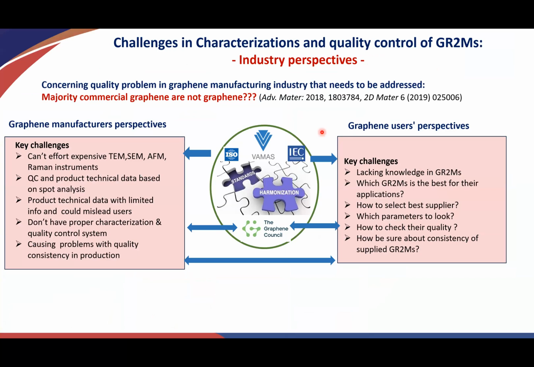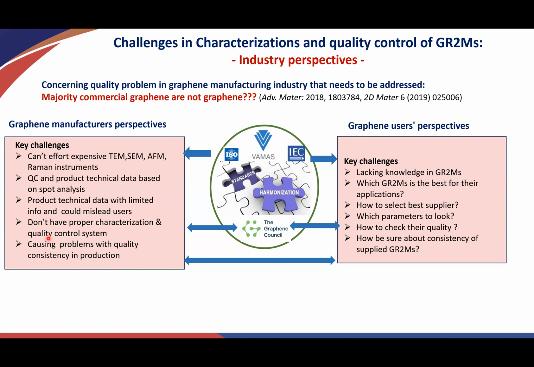To make things even worse, recently published papers showed that the majority of industry-produced graphene materials are not graphene at all. This is really alarming news, shaking confidence in the $1 billion graphene industry, indicating that graphene standardization is still a challenging issue that needs to be urgently addressed.